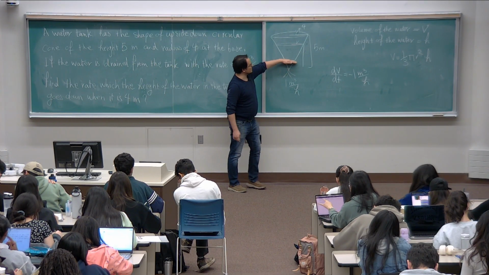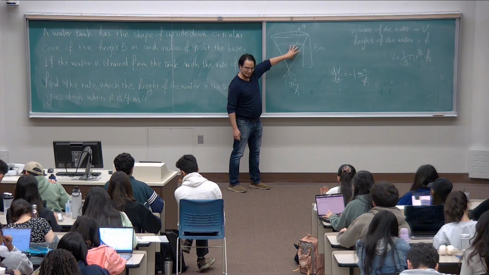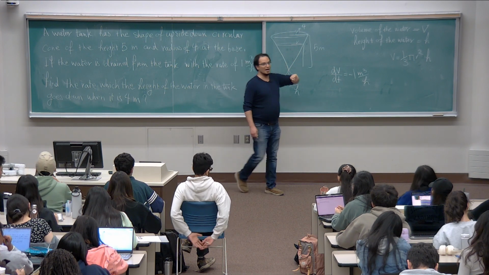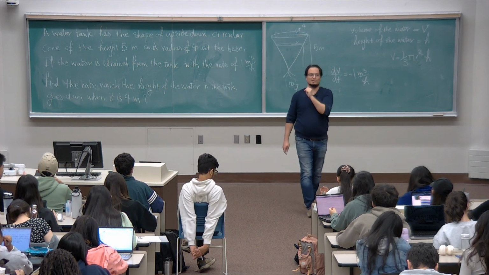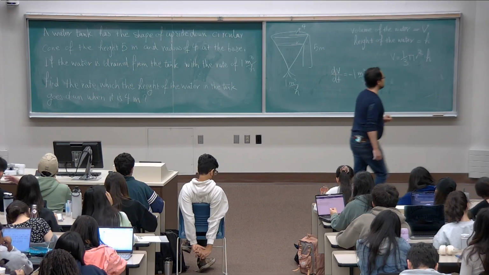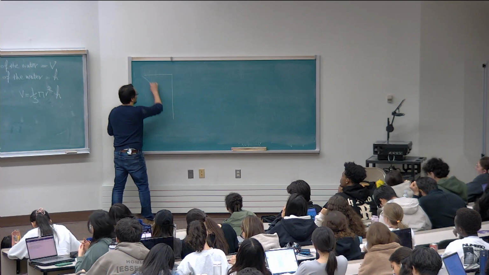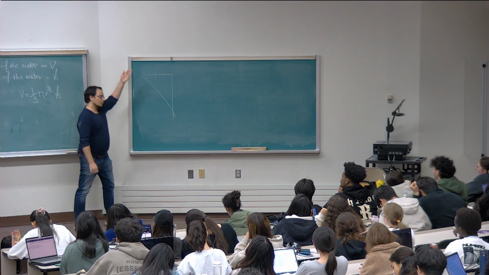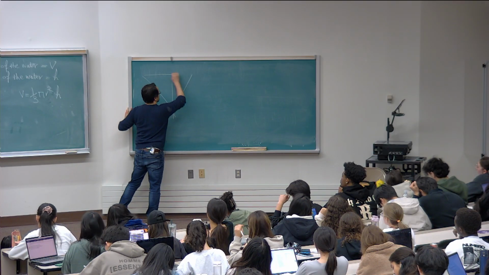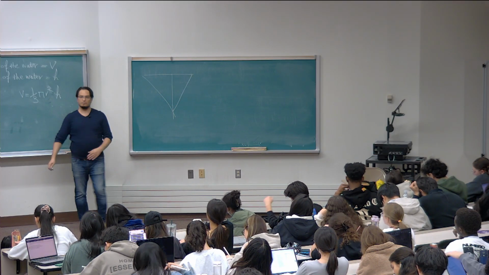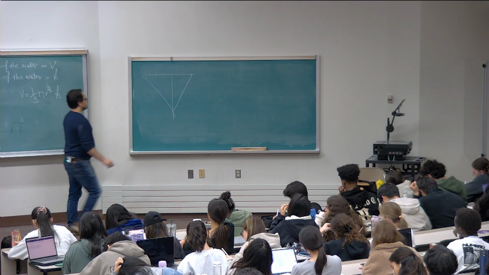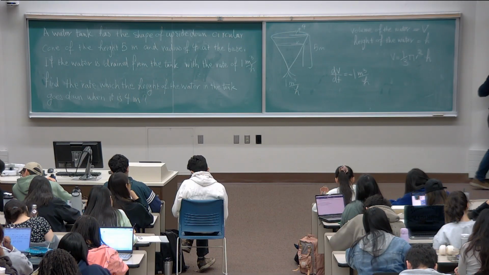For example, if it is here, it is smaller than that. Now we have a bit of a problem there. But that problem can be solved if you cut your cone on one side. So this is basically your cone. I'm cutting that. This is the shape of the water here.